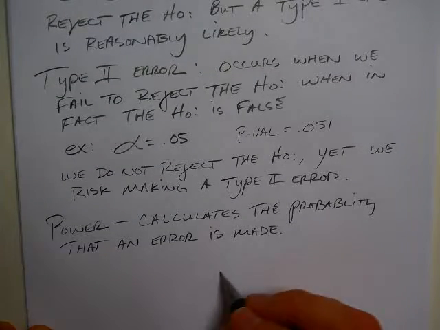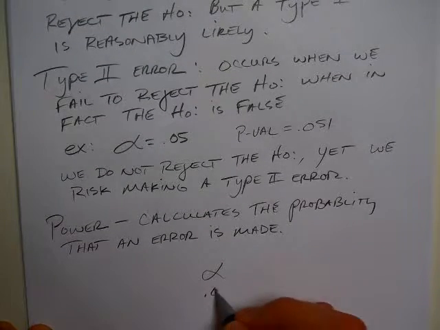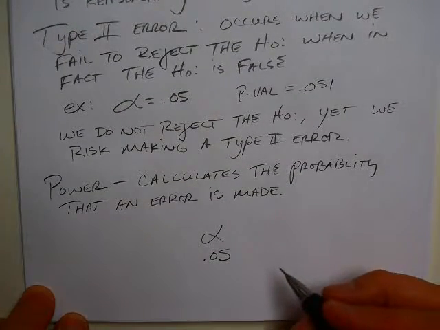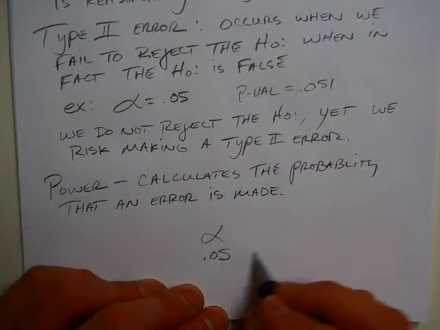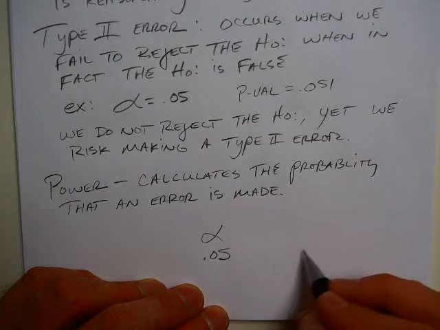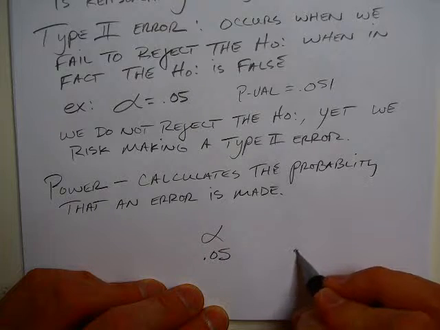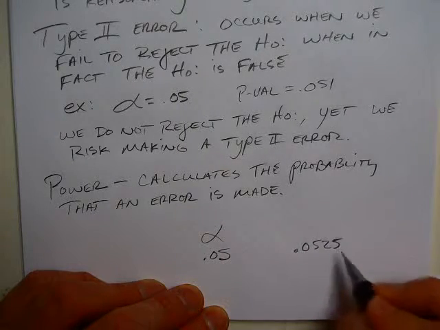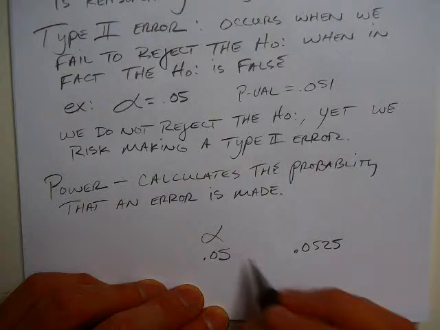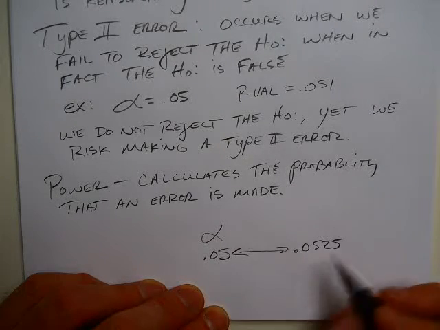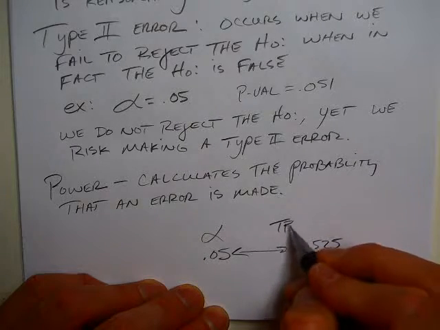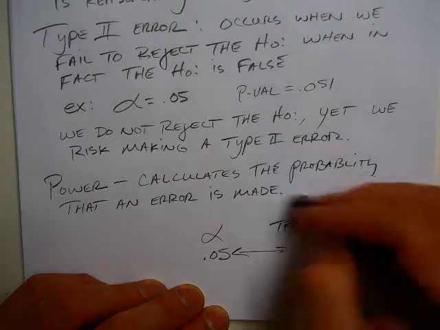So if our alpha is 0.05, this is sort of my general rule. I would definitely mention a type 2 error if the p-value is 0.0525, maybe as much as 0.055. Somewhere between those two, I'm going to say, hey, we've got a potential type 2 error.